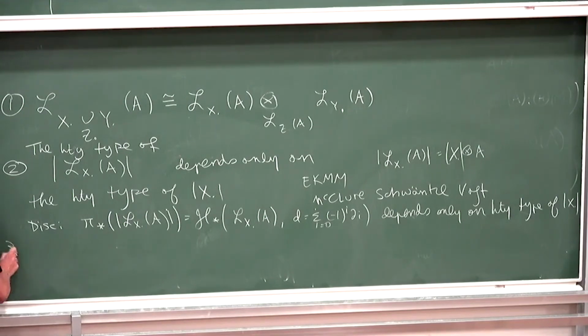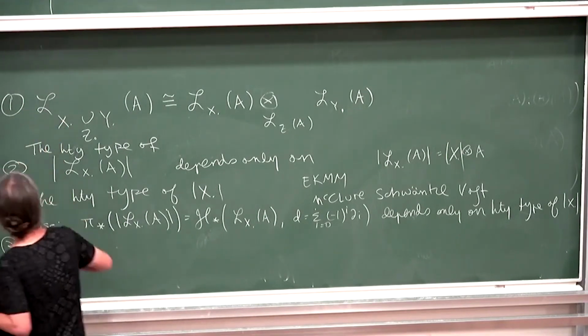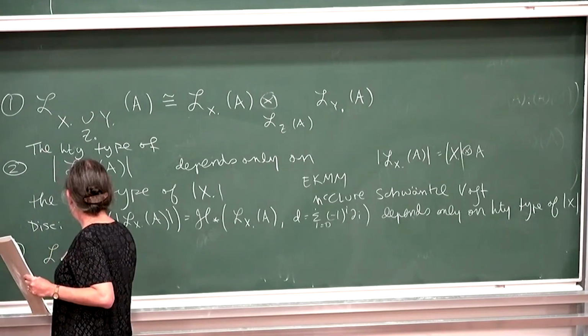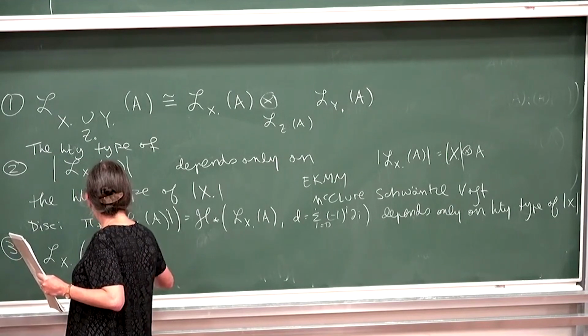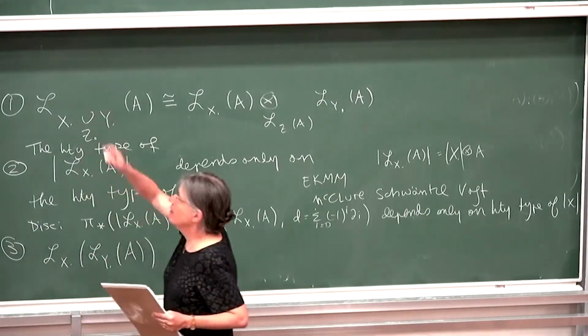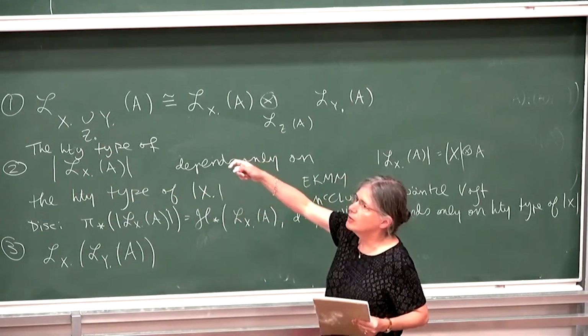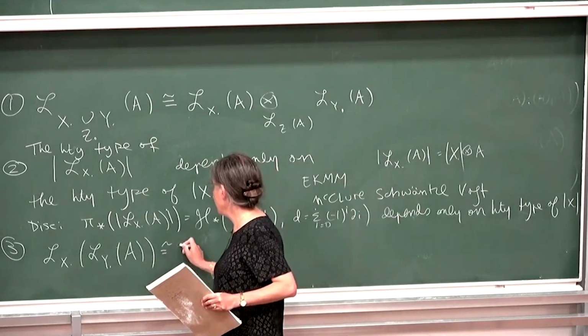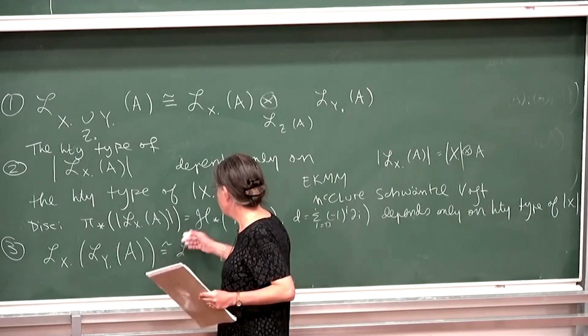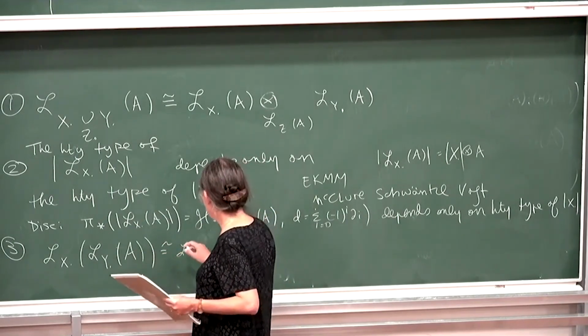And the third thing, and this is another easy one like the first one. So if you take Lx of Ly of A, and we're also willing to consider it for simplicial gadgets, then that's exactly the same thing as, well, okay. This is bisimplicial.